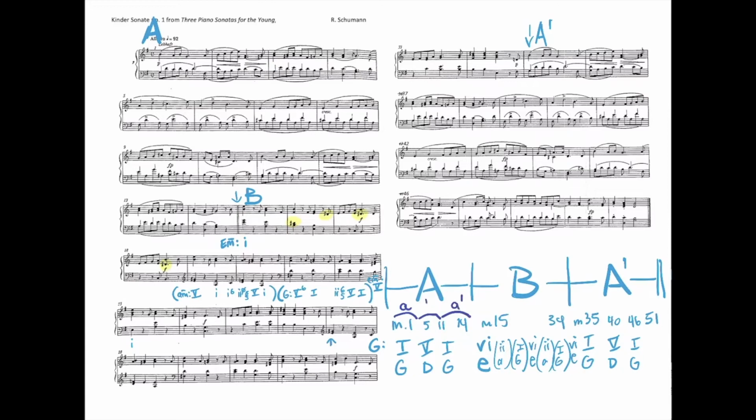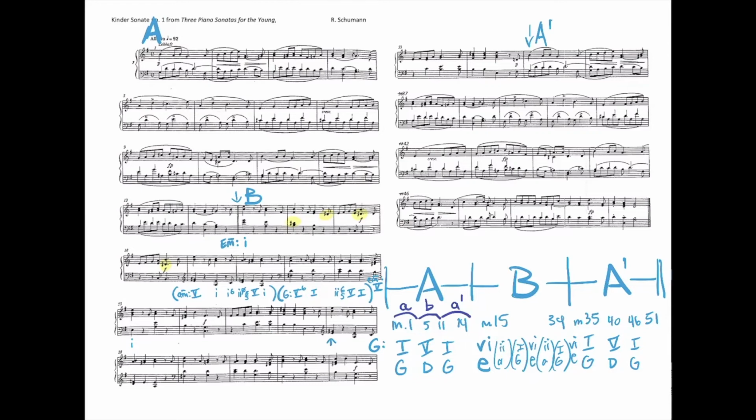And there is contrasting material in between those 2 phrases. Not only does the melody change, but we actually modulate for measures 5 through 10. Therefore, if I were to identify the internal form of measures 1 through 14, I would say this is a simple ternary. It is nested within this larger compound ternary form. Pretty cool.